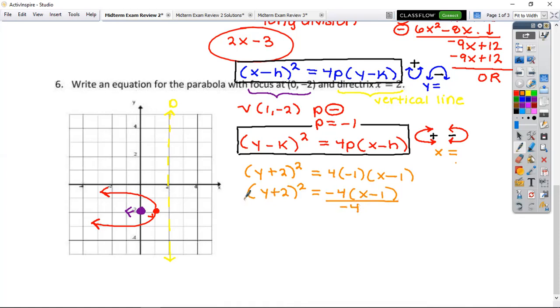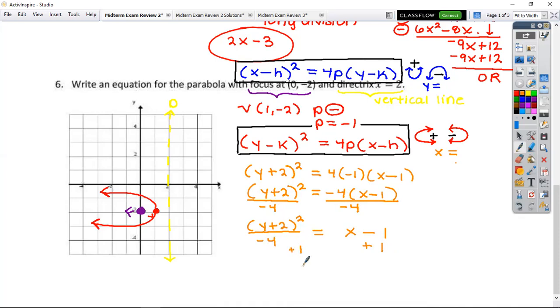I'm going to divide this by the negative 4. And I'm going to leave this as (y + 2)² over that negative 4, and then equals, and then x minus 1. And then to finish them, I'm just going to add the 1 over, and I'm going to leave this unsimplified. Plus 1, plus 1.